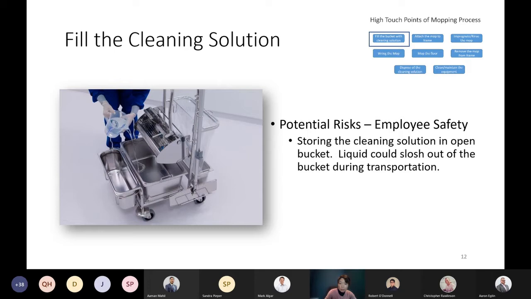Here, the biggest one is employee safety, because first of all, you store the cleaning solution in an open bucket. You pour the liquid into the bucket, and then you transport the bucket from one location to another. During this process, liquid could slosh out of the bucket and result in a slip and fall for the employee. So this is a big employee safety risk.